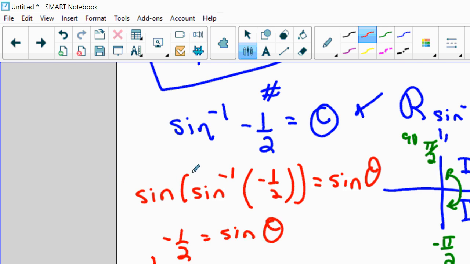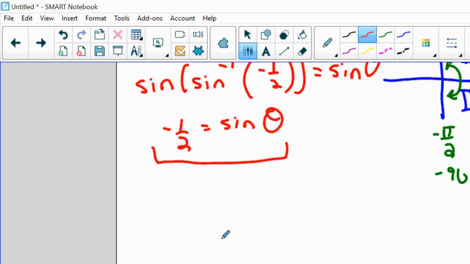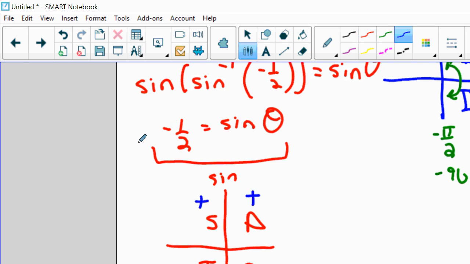Now, I'm really good at this because I'm a master of the unit circle, but sine, all students take calculus, is positive, positive, negative, negative. So sine is negative in the third and in the fourth. Therefore, one dot high, two dot low, theta is in the fourth.